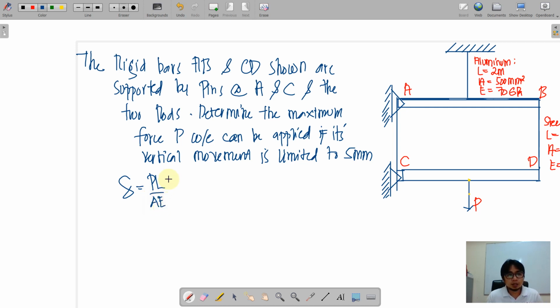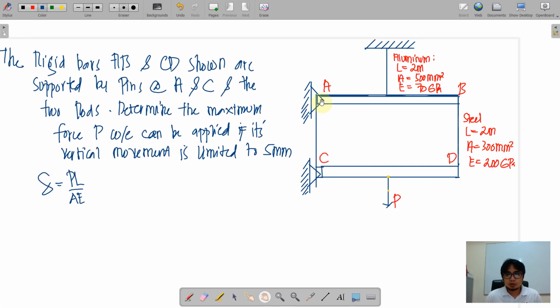So what members are subjected to this PL over AE? On the figure, AB is restrained at position A. It will only be rotating clockwise or counterclockwise. In this case, it will rotate downwards, or clockwise.